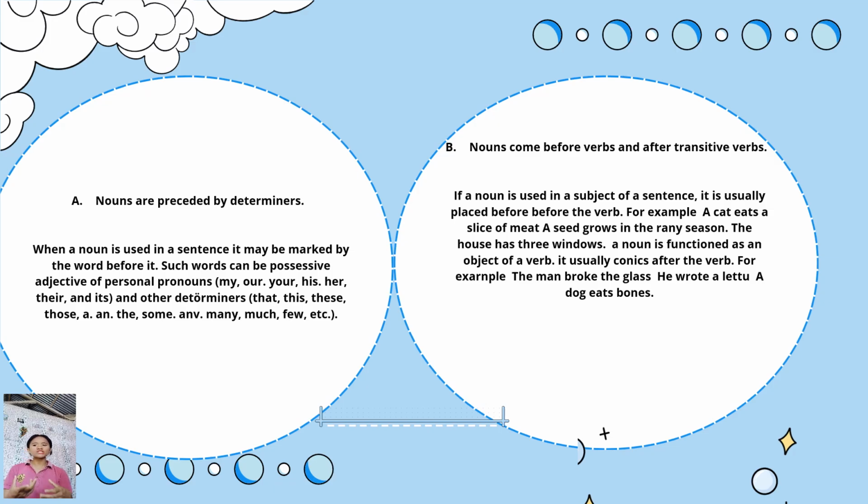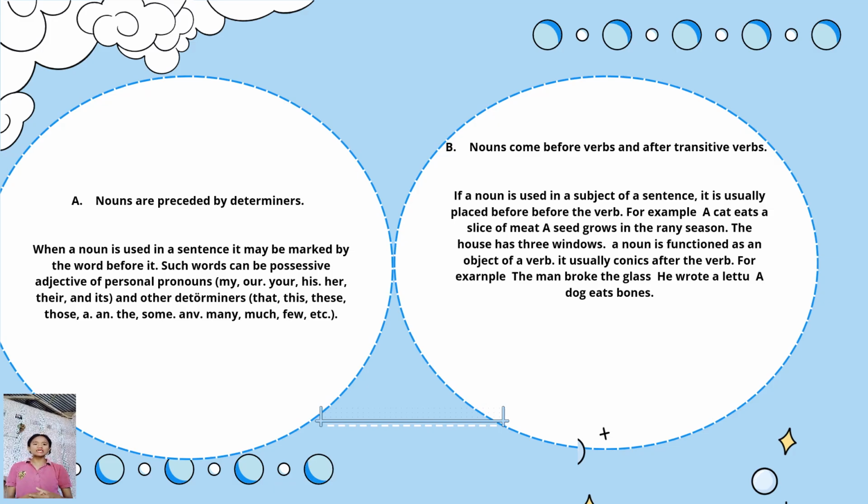Such words can be possessive adjectives of personal pronouns, for example, my, our, your, his, her, their, and its, and other determiners like that, this, those, the, some, any, many, much, few, and so on.